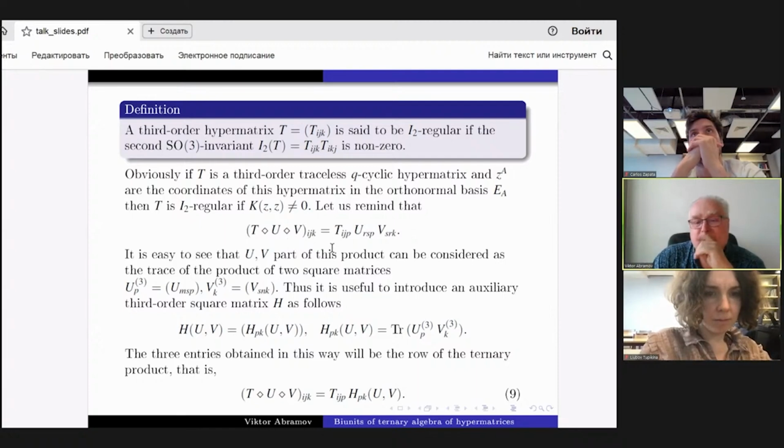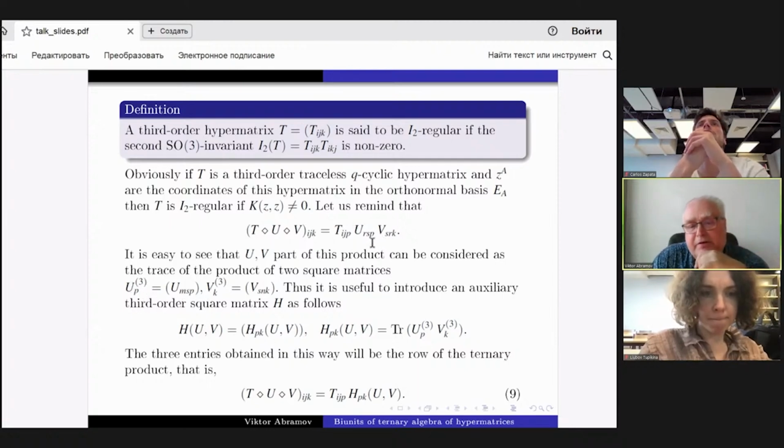So now I'm interested in this part of this product. Now I see that I can write it, I can put it in this way. Here I fix P, this is a third subscript. Here I fix K, this is also a third. So I have 2 square matrices, and earlier I denoted it like this.